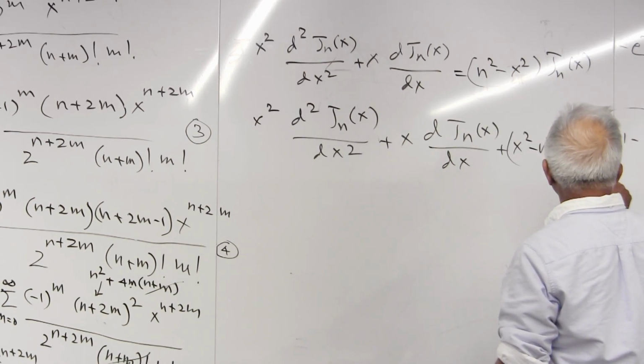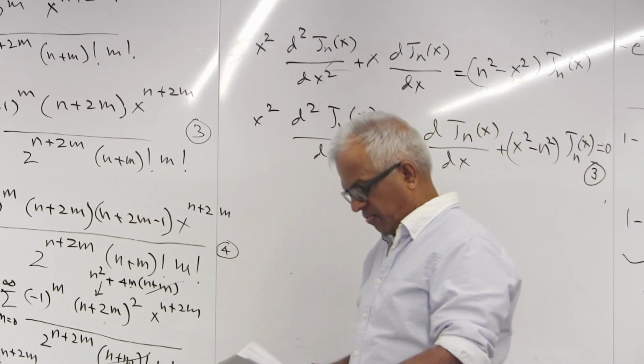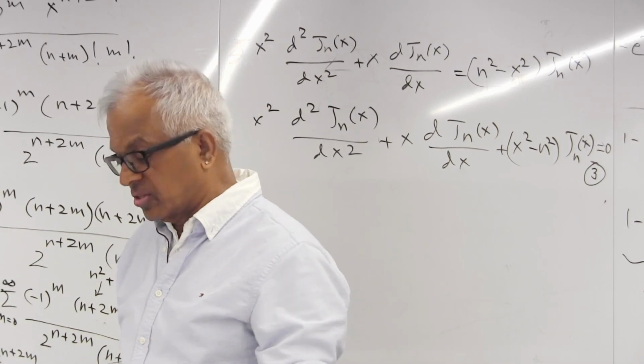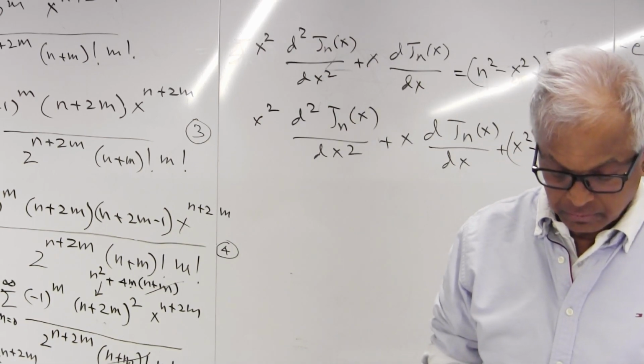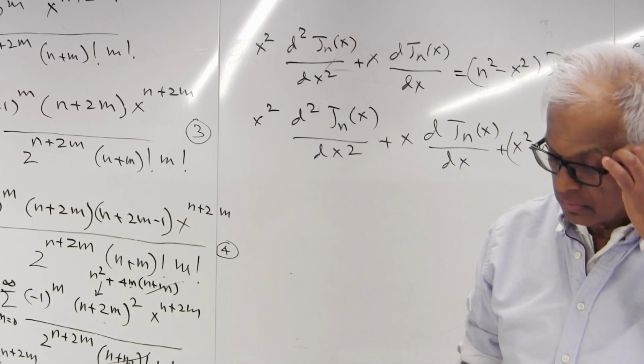So I have derived this also. Let me copy this and get rid of all the rest. So this is the differential equation satisfying Jn of x.